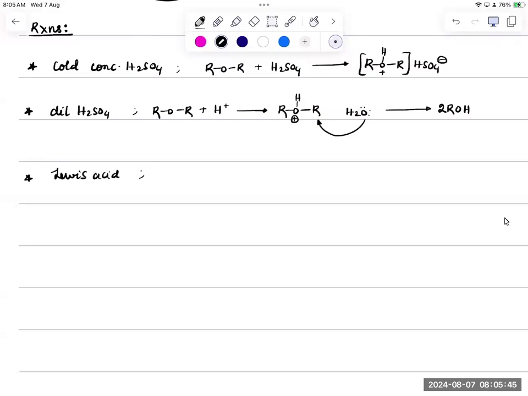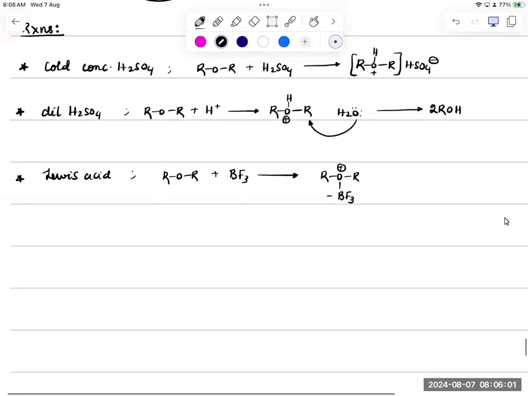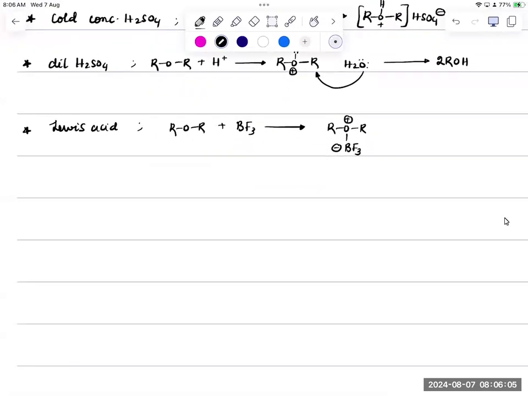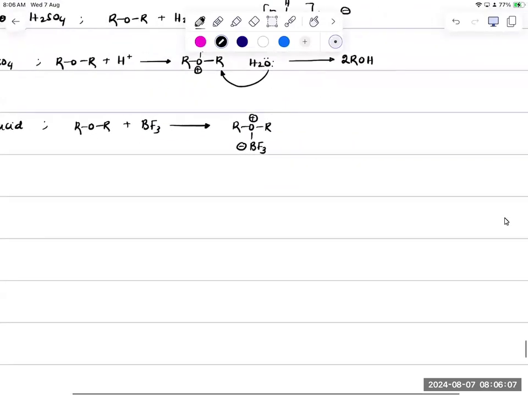How does it behave with a Lewis acid? If you have ROR in the presence of BF3, a Lewis acid, you get ROR with BF3 plus here. Again, it will stop at this point if you do not make any reaction further. Got it?